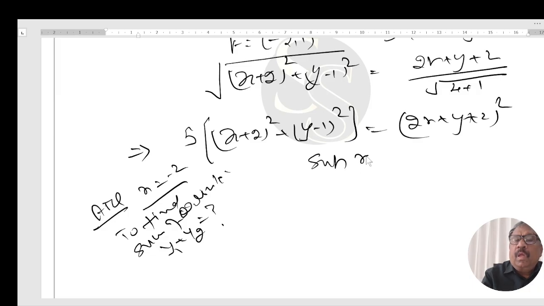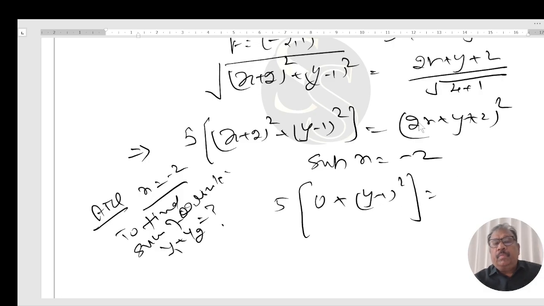Substituting x equal to -2, the first term becomes 0, plus (y minus 1) whole square, equal to, we put -2, minus 4 plus 2, so (y minus 2) whole square.